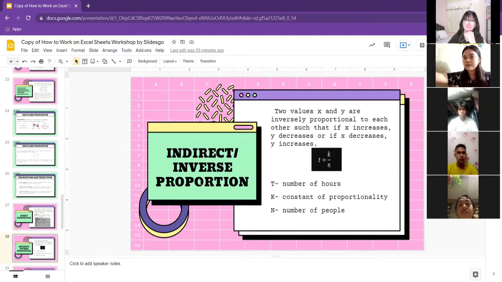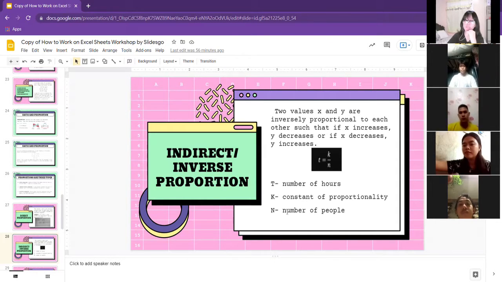It's also the same as direct proportion, but it has a different solution, which means T equals K over N. So it also can be any other variable or any other letters. You can also change it there. And so the T means number of hours. The K means constant of proportionality. And N means number of people.